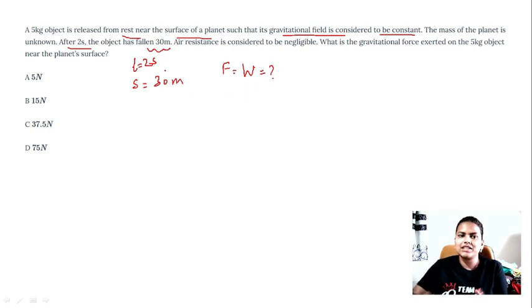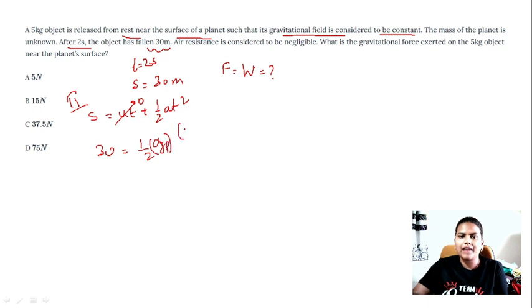In this case, the planet is not Earth, so we cannot use g as 9.8. Instead, we use the kinematic equations for constant acceleration. I am using the second equation, s equals ut plus half at square. The initial velocity is 0, the distance is 30 meter, the acceleration is what we have to calculate, which is basically g for the planet, and time is 2 seconds.